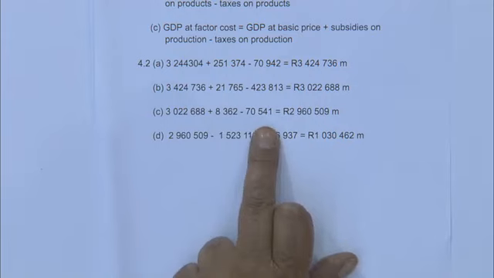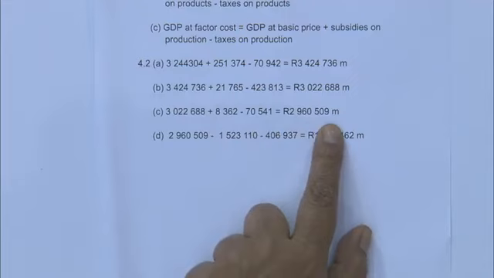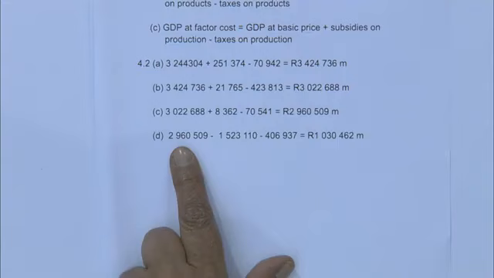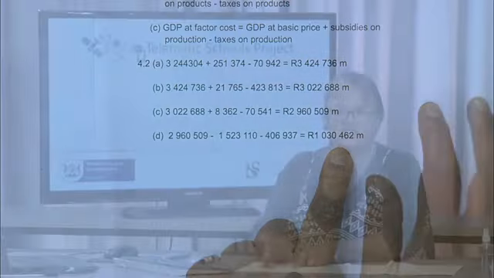It is 8362 and your taxes on production is the 70541, which gives you the 2960509. And then they ask you to calculate A, and we know these three added together gives us our GDP at factor cost. So you now got your GDP at factor cost, which you've just calculated at C. So you start with that and you subtract the other two, and then your final answer would give you the answer for A.